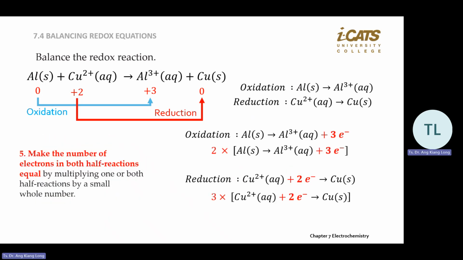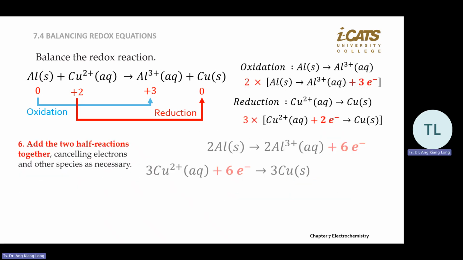Then why 1 multiply 2, 3 multiply 2? Because we want to find the common coefficient for the electron, because it got 3 and 2. 3 and 2, what is the common coefficient? 6. Because we want to solve the equation. Okay, 2 and 6.